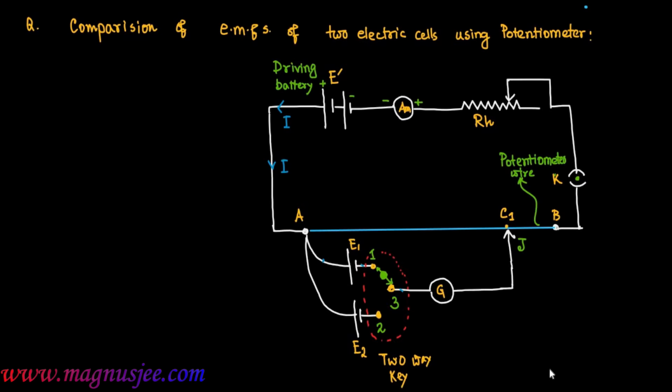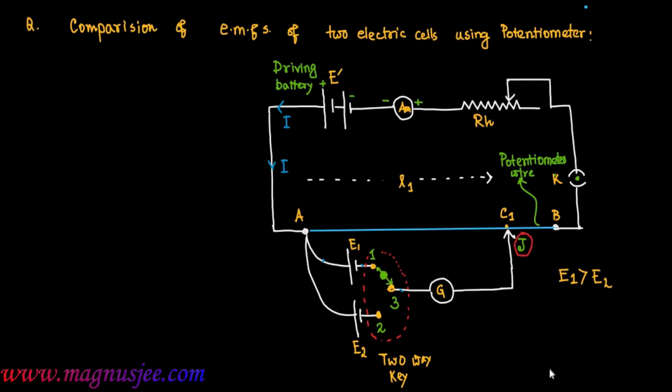When the jockey J is pressed with the point C1 of the potentiometer wire, and the point C1 is at a distance L1 from the end A of the potentiometer wire, we can also assume that E1 is greater than E2.